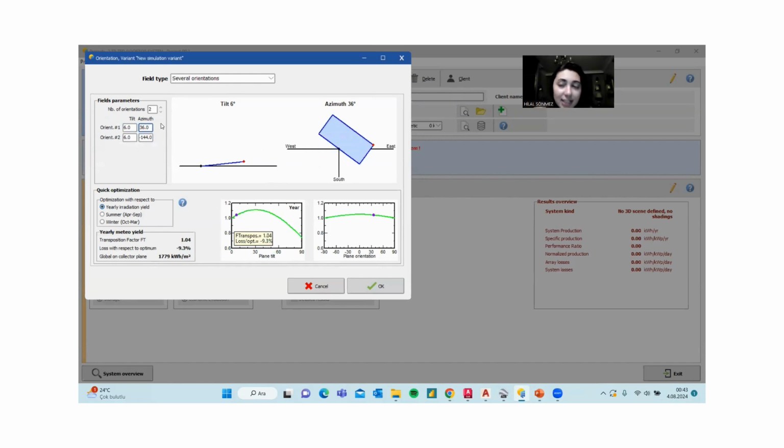There's a trick in that part. When you click the orientation 1 azimuth and when you click the orientation 2 azimuth, as you can see, they are reflections of each other. If they are reflections of each other, we calculated the angles correctly, because we are dealing with opposite sides.